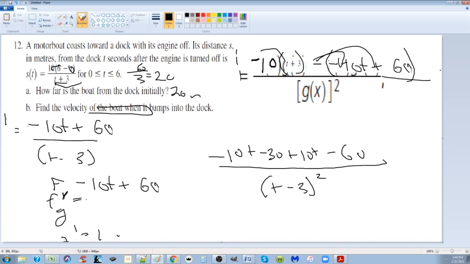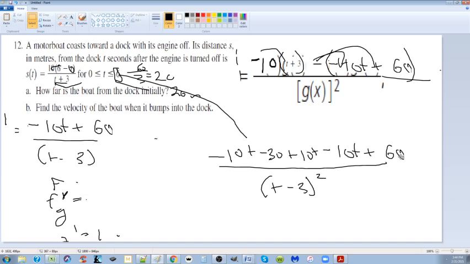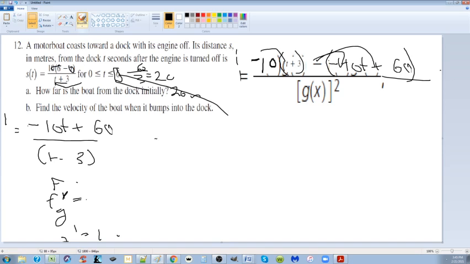Find the velocity when it bumps into the dock. Well, that's going to be when we determine that t is equal to 6. So now, instead of expanding this, I could have just put 6 in for t way back here, which I would have preferred. And I still might. I'm going to put this in for f of x over here. Right here, when t is 6, I get 9.